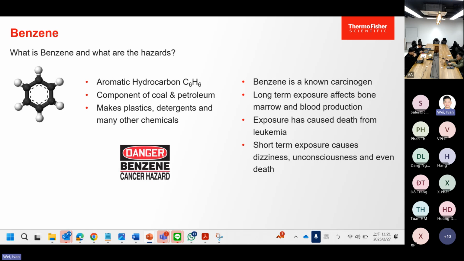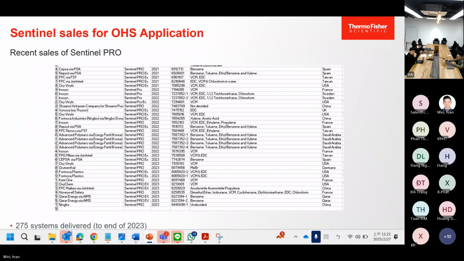So we can place Sentinels at one site where we set up different strings or sampling points at different spots. If there are places that use a lot of organic solvents or carcinogens, we can place multiple ports there to do continuous monitoring to make sure the workers are not exposed to those hazardous chemicals.